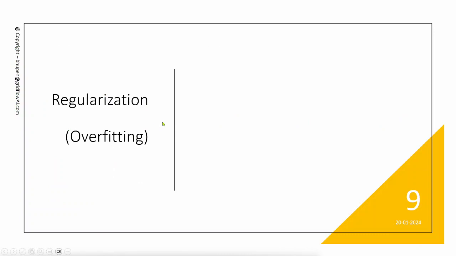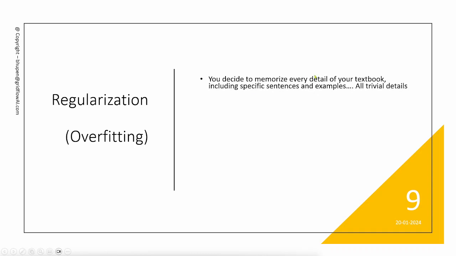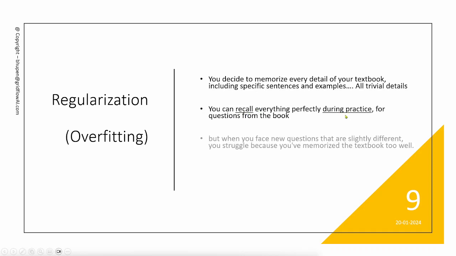So what is regularization? First, look at this simple example. Let's say you decide to memorize every page or every detail of your textbook, including all trivial details. Now, after having done that, you can recall anything and everything from the book during the practice.